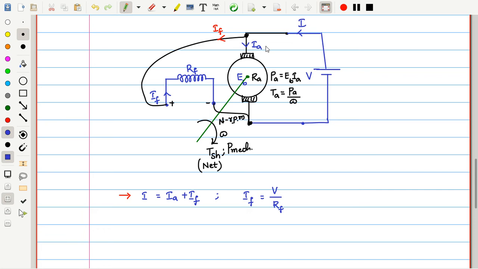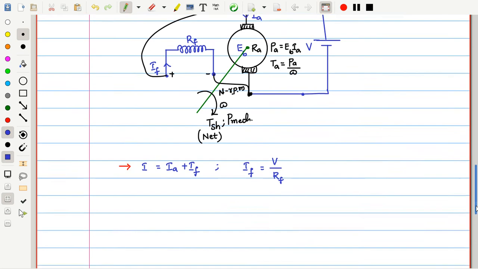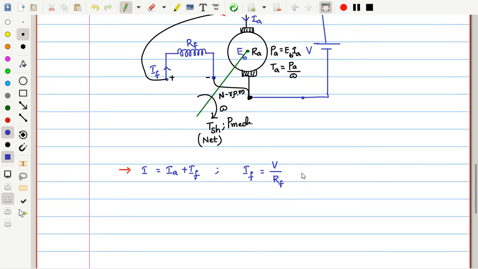Now let us see some more things. One important conclusion from this: observe carefully that usually the supply voltage is constant, and the field resistance is also constant. If the field resistance and the supply voltage are constant, could you see that If is approximately constant?